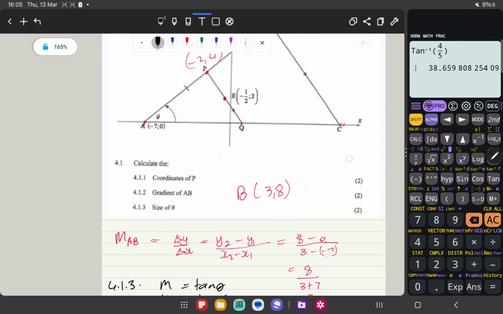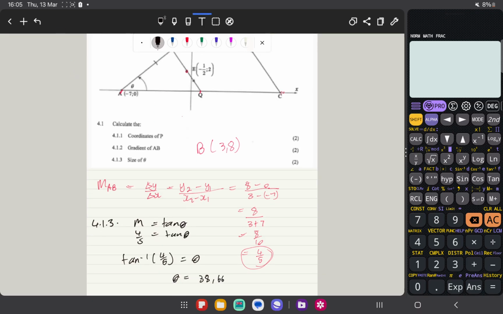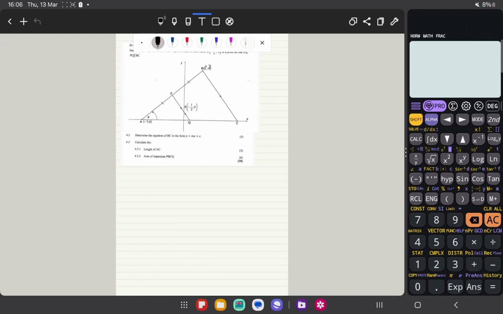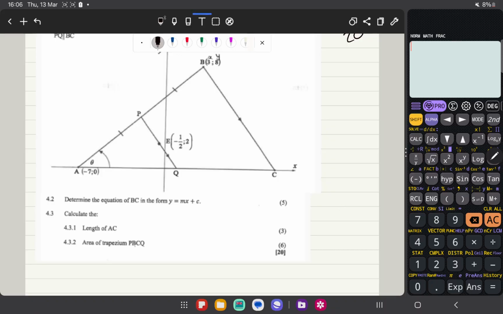Let me see if there was any instruction of rounding. No, there wasn't. So those are your 2 marks. You have 6 marks by just doing what we have done. Let's go to the next question. Out of 20, you already have 6. 6 out of 20, 14 marks remaining.